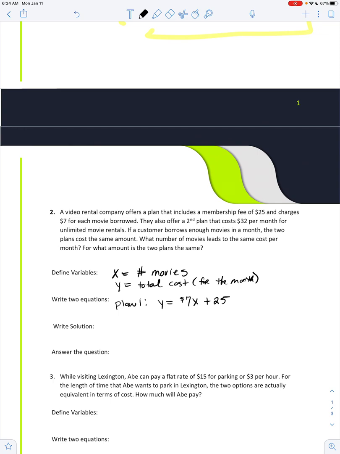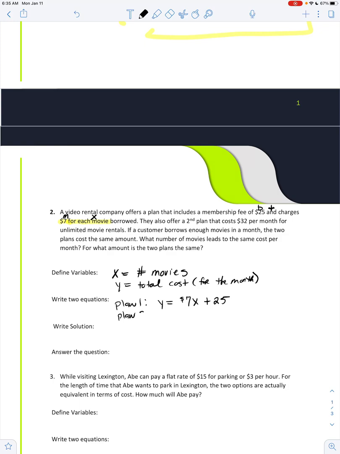And that's our equation for plan 1. So we may want to take note here. This $7 for each movie, remember when we see each, it's probably our slope. So that number is the slope. Each movie, x, is the movie. And then the fee is plus. The fee is our y-intercept. So we got a little equation here. We also use b for our y-intercept to be consistent here, right?